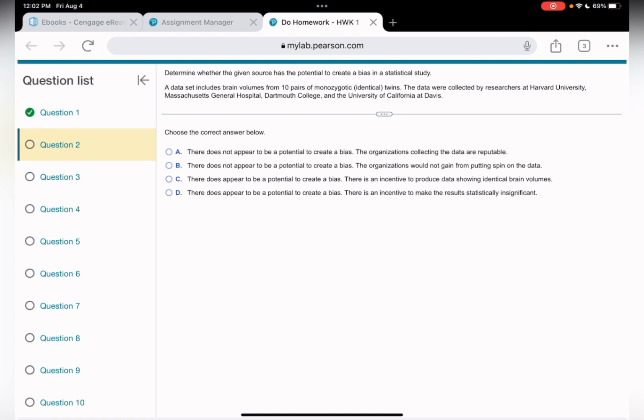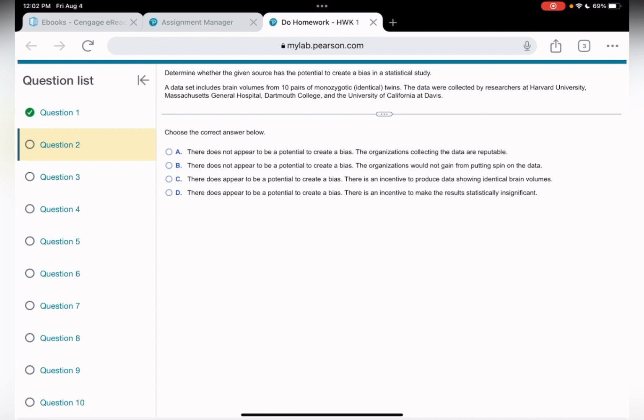Okay, so right up front, I can mention that I don't see here potential to create a bias. Why? Because look at how many universities and hospitals did the research. All these researchers couldn't come to an agreement to represent the same answer.